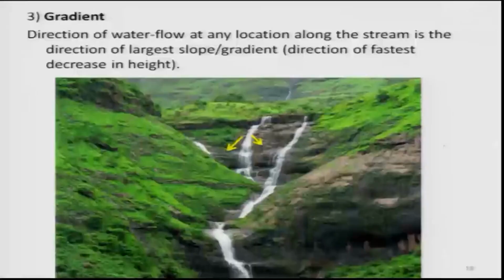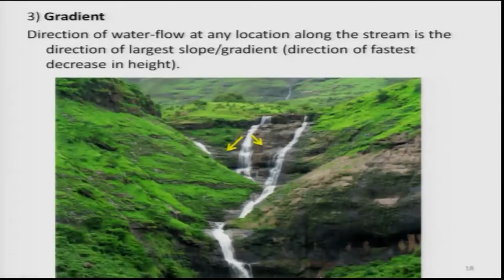Okay, now just to explain what a gradient is. If you are looking at a waterfall, you know that the water is falling down the slope. At any location, suppose this is one location, this is one gradient here, this is another gradient there, because we are taking slopes, but water is passing through this. Obviously water will always pass through the steepest gradient direction.